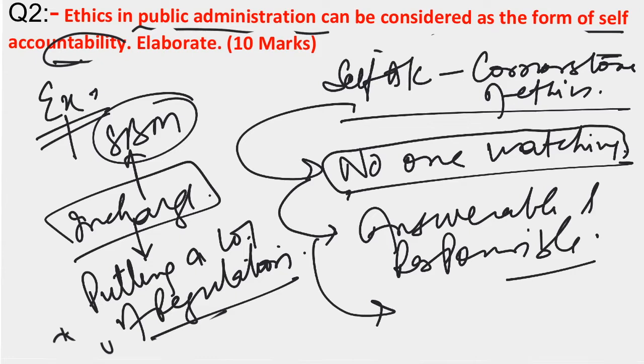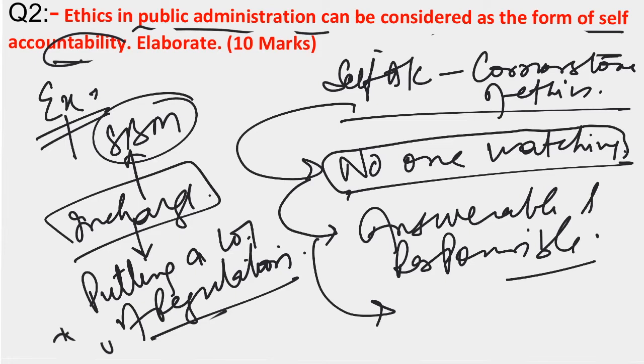So basically you are not accountable; you are just putting regulation on others. So these examples can be given in this answer, and then you can conclude with the saying, no matter where you go, there you are. In other words, if you are dishonest in your personal life, you are likely to be dishonest in your professional affairs.